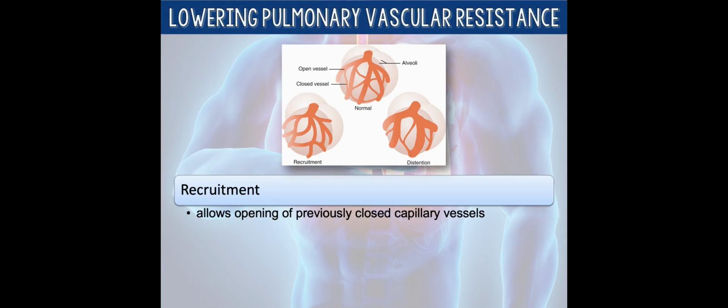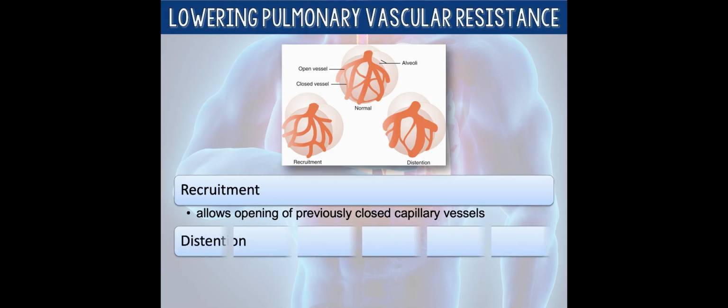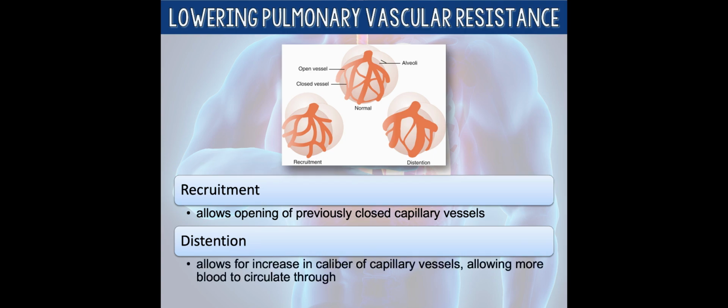The second mechanism is distension. What that does is it allows for those capillary vessels to increase so they can allow more blood to circulate through. So when you have, let's say, an increase in blood flow to your lungs, you don't want those pressures to go up. The way that your lungs will manage that is two ways.